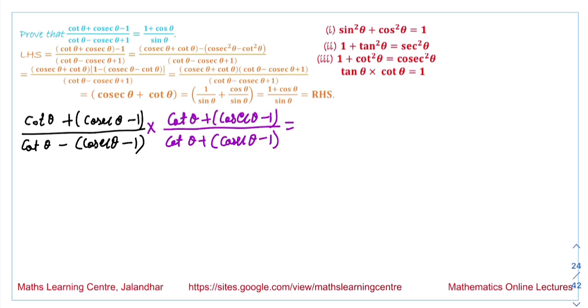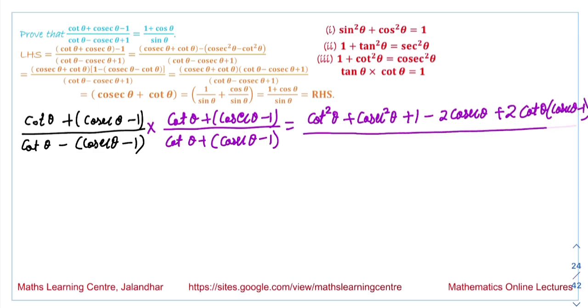So the answer we will get is cot square theta plus cosecant square theta plus 1 minus 2 cosecant theta, and the next term we will get is plus 2 cot theta into cosecant theta minus 1, and in the denominator we will get cot square theta, next minus of cosecant theta minus 1 whole square.